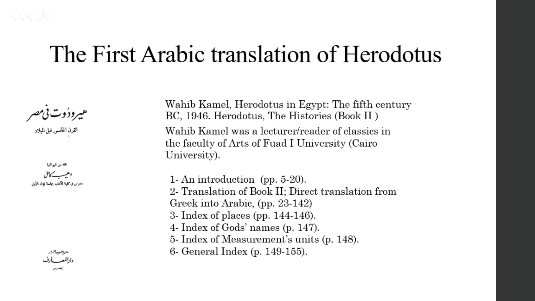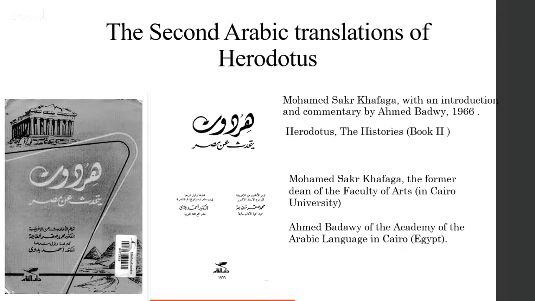And the second Arabic translation of Herodotus is the most widely used translation in Egyptian universities. It is by Muhammad Sakr Khafaga, with an introduction and commentary by Ahmed Badawi, one of the Academy of the Arabic Language here in Cairo.